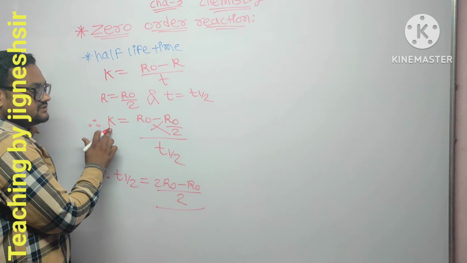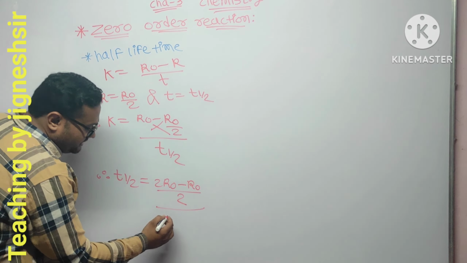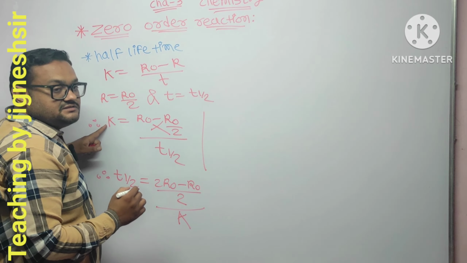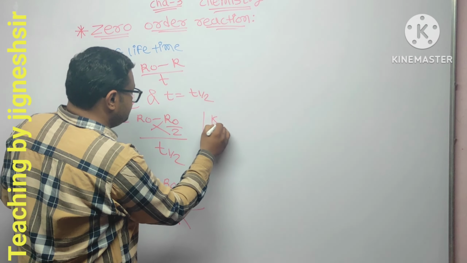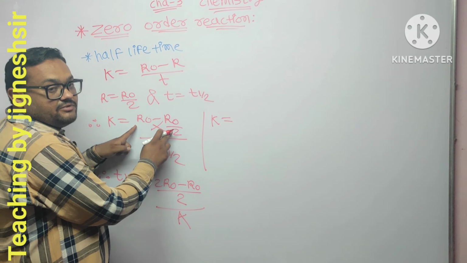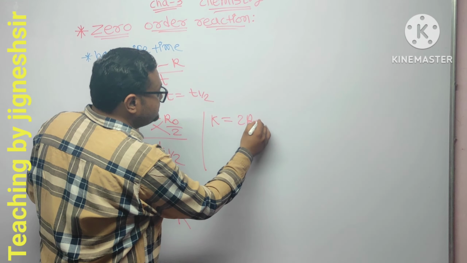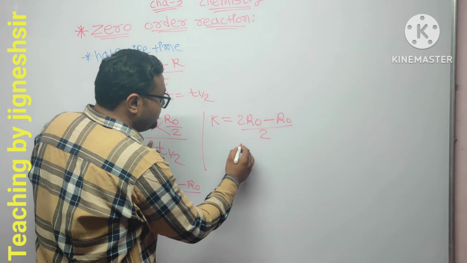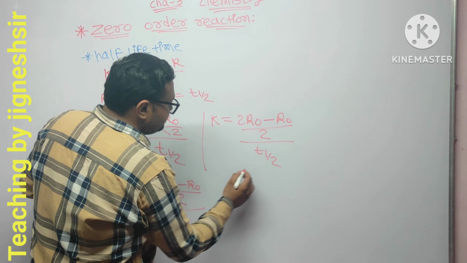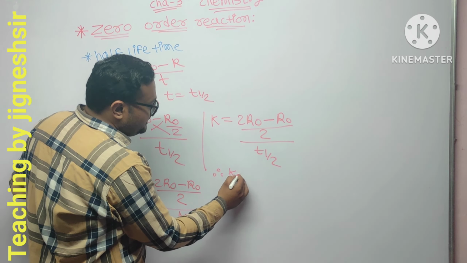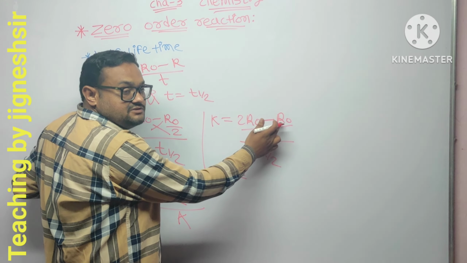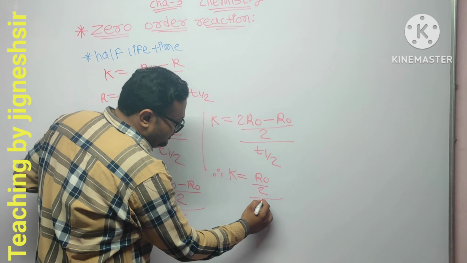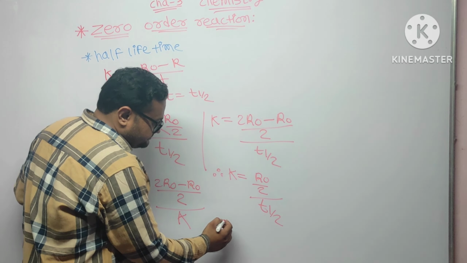Or you can write this equation as K is equal to R0 multiplied by 2, that is 2R0 minus R0, upon 2, whole upon t1/2. Therefore K is equal to 2R0 minus R0, that is R0 upon 2, whole upon t1/2.